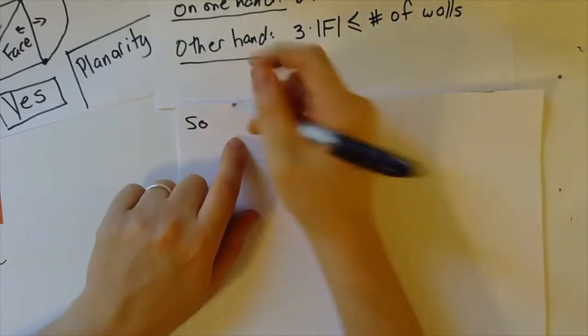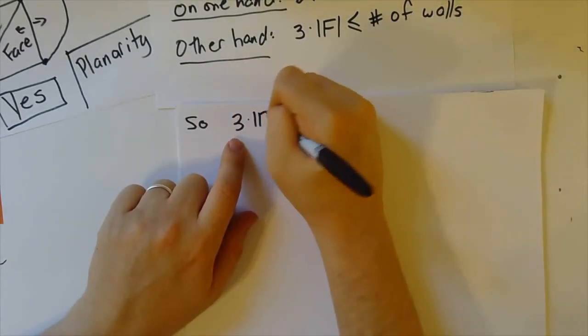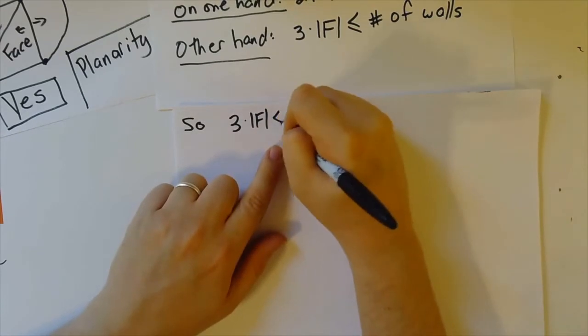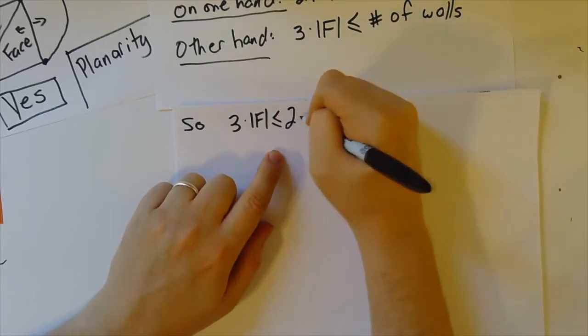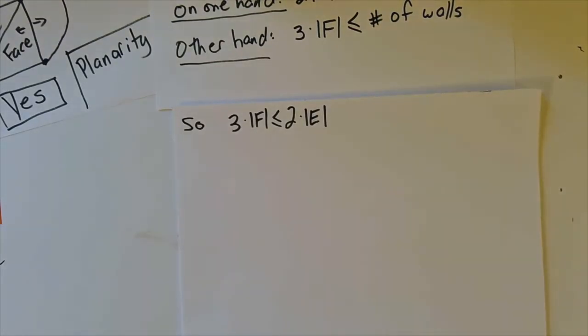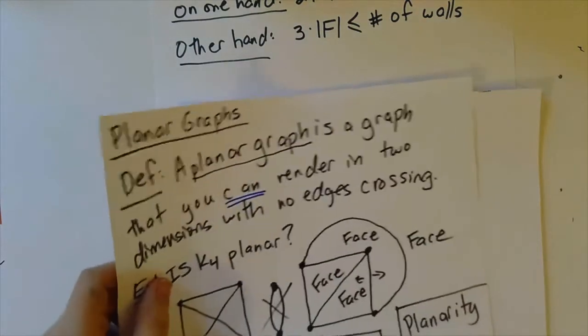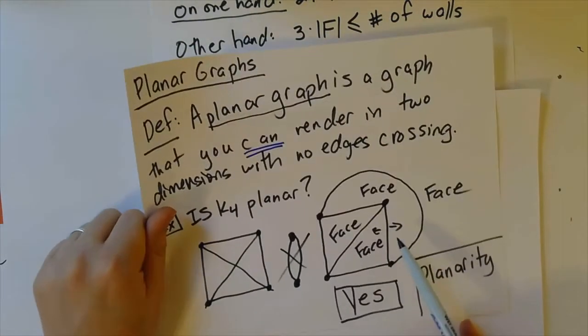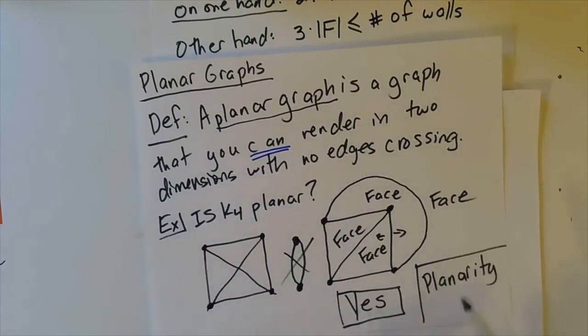So 3 times the number of faces is less than or equal to twice the number of edges. Okay. Now, in the K4 case, or the tetrahedron case, if you like, they're exactly the same.